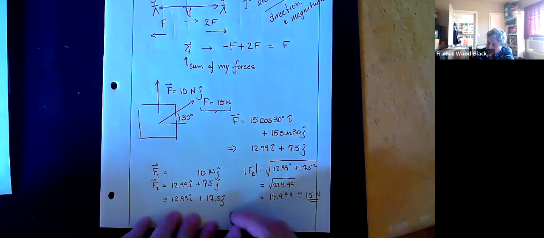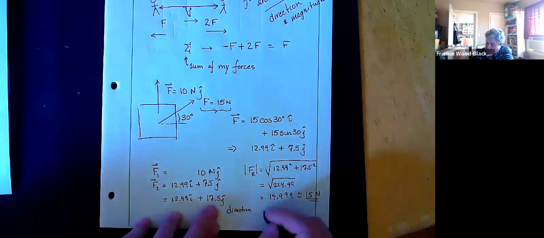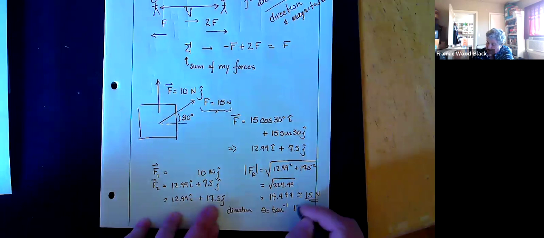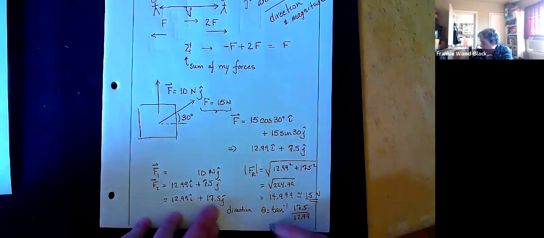But the direction of the force is going to be the angle, which will be the arctangent of my 17.5 divided by my 12.99.